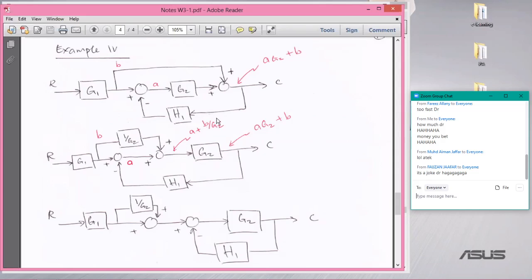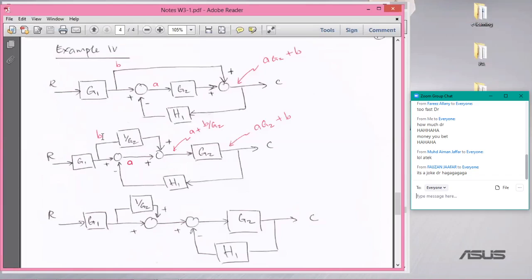If you look at the signal, let's say this is B, this is A. The signal coming here is A multiplied by G2 plus B. So this signal here, you don't want to change that. You want that to remain A times G2 plus B even after you have moved the summing junction behind of the block. Okay, let us retrace here.